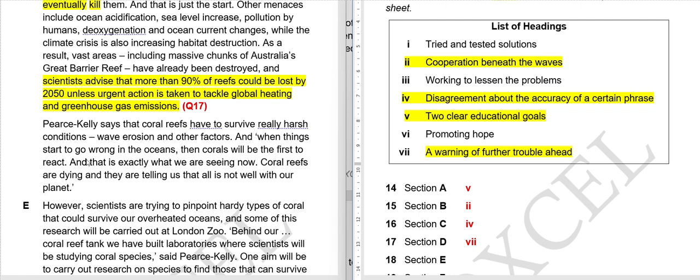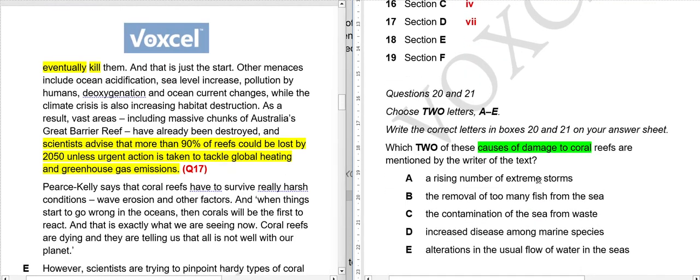So they are telling about the importance of the coral reefs. And if I read the other options, like tried and tested solutions, no, working to lessen the problems, we are not taking measures to reduce the problem. And there is no hope, there is only warning. So the best answer to this is the seventh option, warning of further trouble ahead. Now we'll look at this particular question.